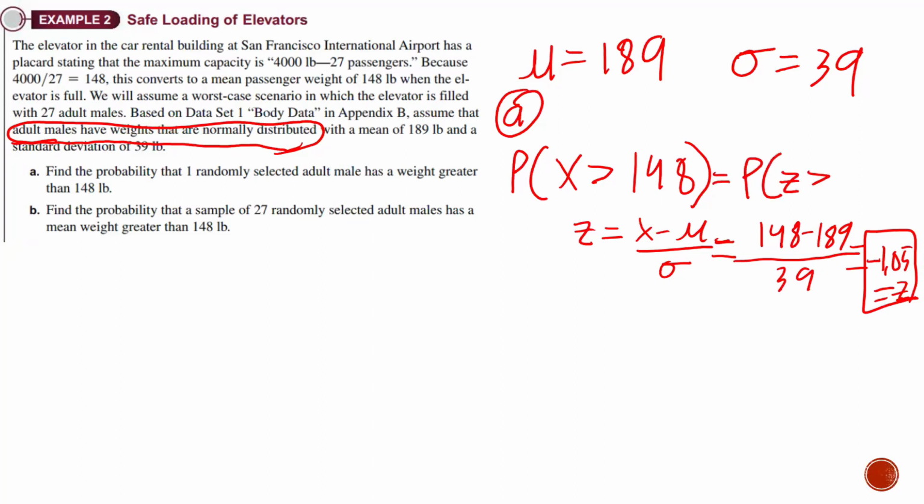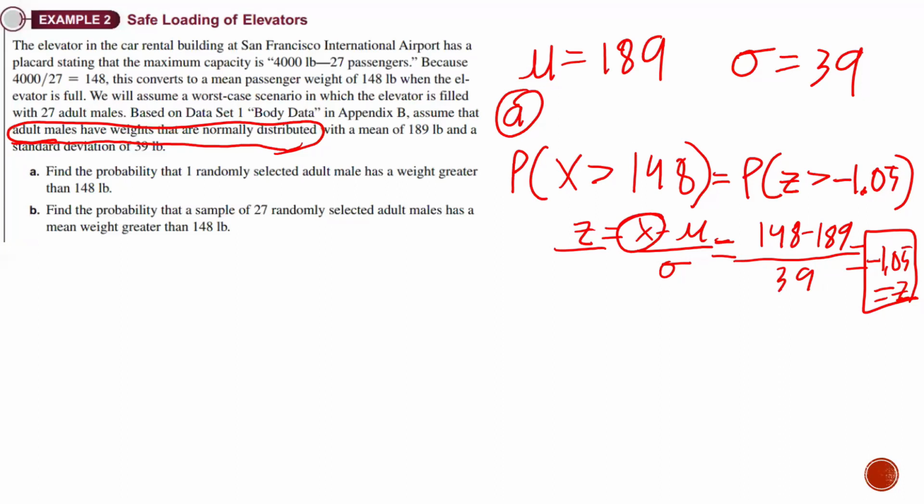That z corresponds to that x. So the probability that x is greater than 148 is the same thing, since it's a normal distribution, as saying what's the probability that z is greater than negative 1.05, because this z and this x correspond to the same weight. We did this a lot.